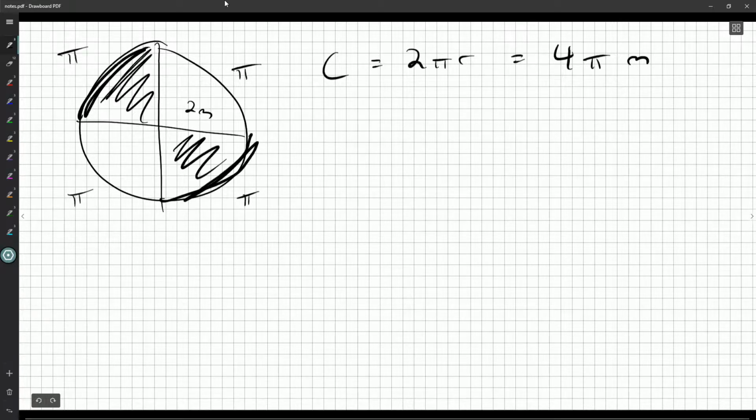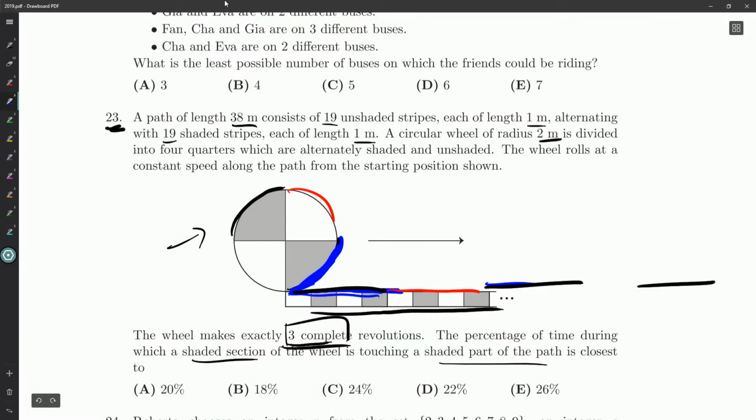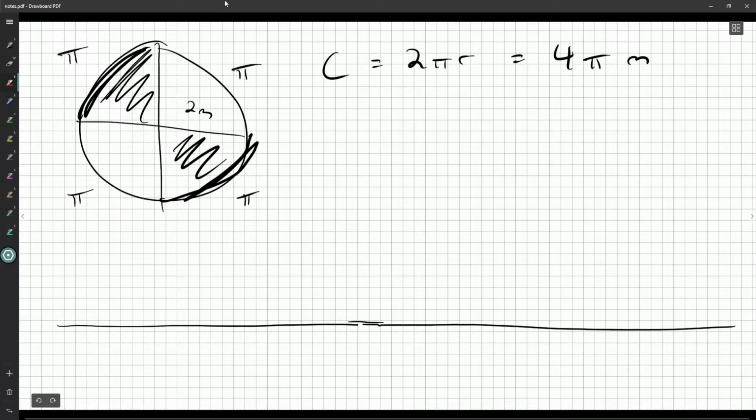So what's going to happen is we're going to sort of get 2 paths almost. We're going to get, draw it a little smoother than that. So we've got our normal path that's going, does it start shaded or does it start unshaded? Starts unshaded, so I'll let red be unshaded since that's what I was doing before.